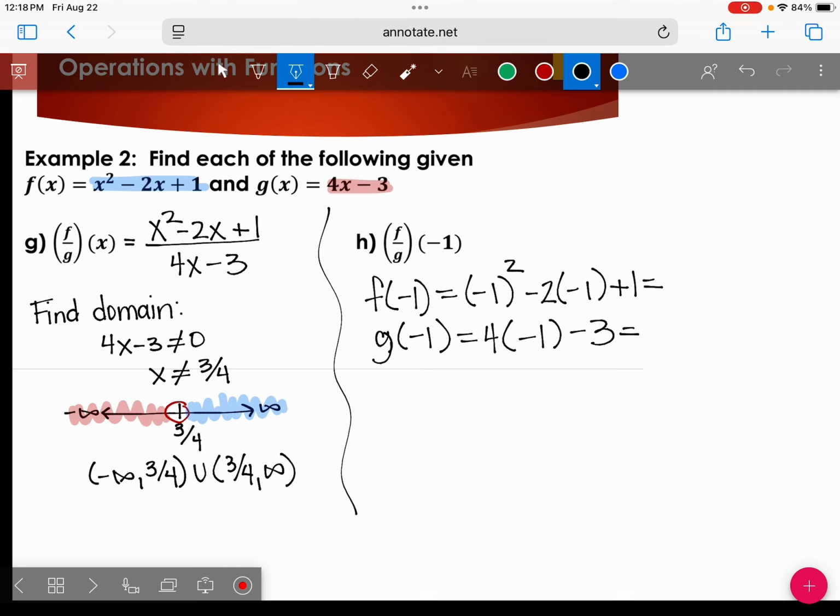One plus 2. So did you get 4? Who got 4 for the first one? Okay. Negative 7 for the second one?